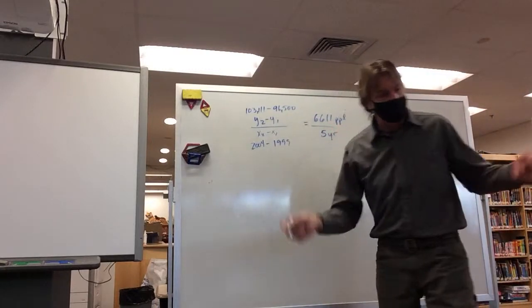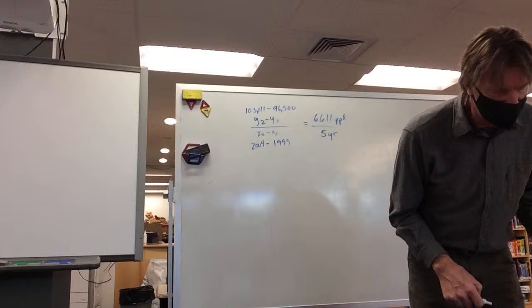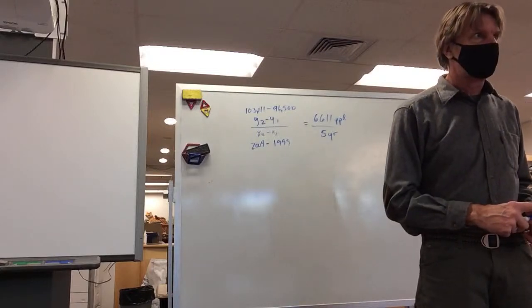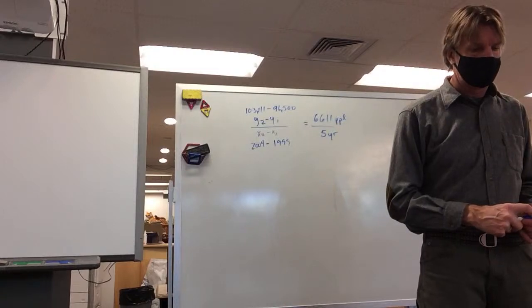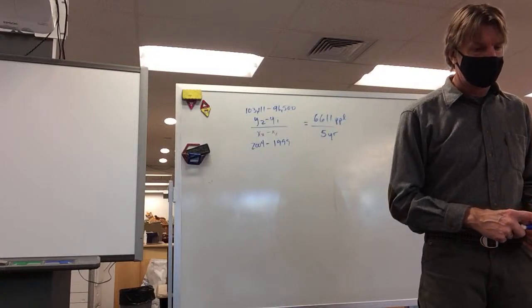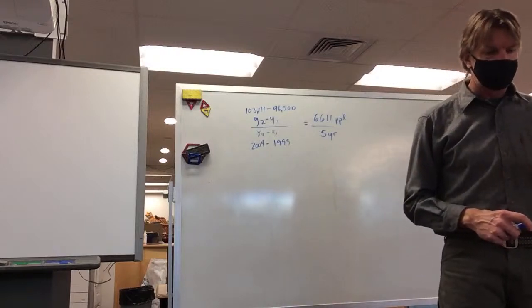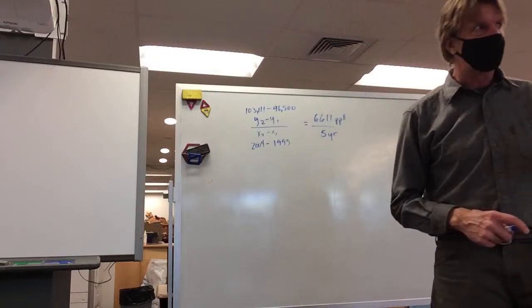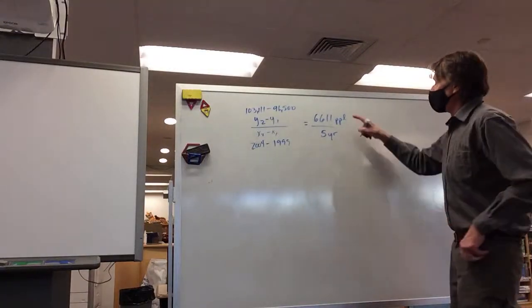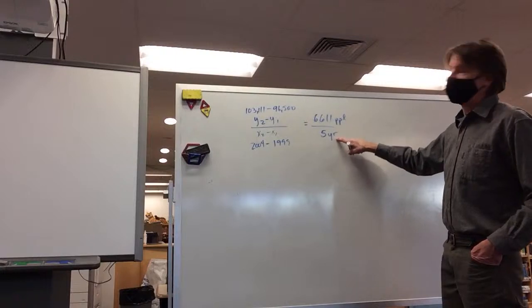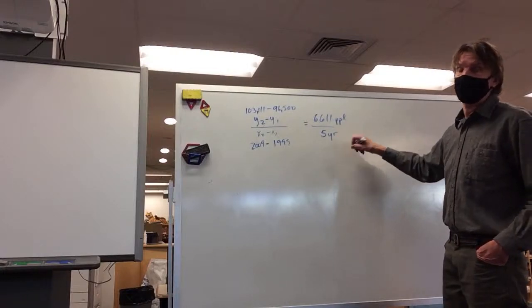Okay, so let's go back, and could somebody read the problem? What is the rate of change in average yearly attendance from 1999 to 2004? So in the middle of the sentence, it says average yearly. So this is the number of people in 5 years, so you have to divide by 5.